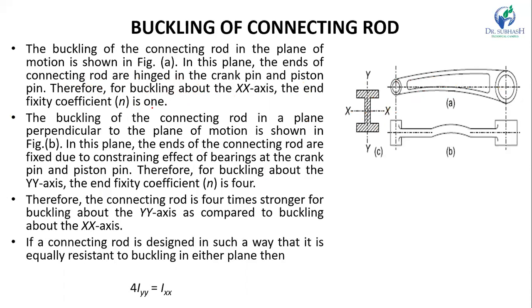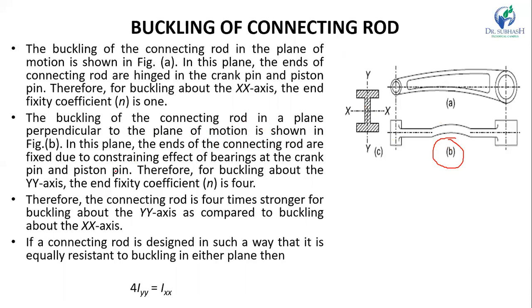Okay, because both ends are hinged. And the buckling of the connecting rod in a plane perpendicular to the plane of motion, here you can see this is the buckling perpendicular to the plane of motion. Okay, so y axis.